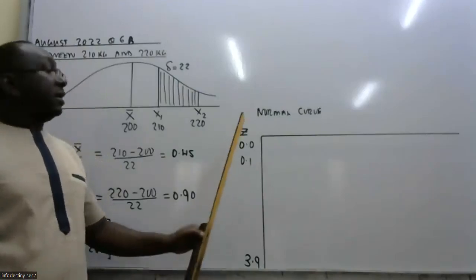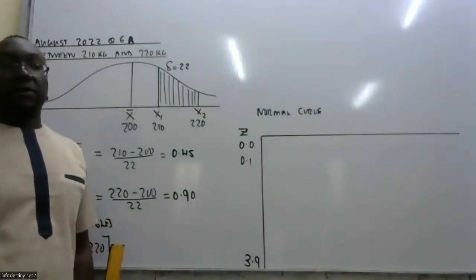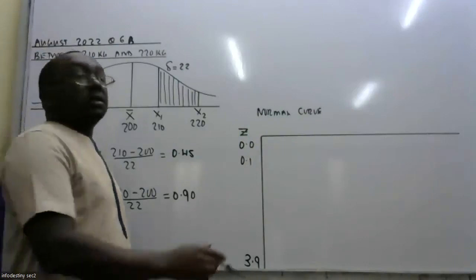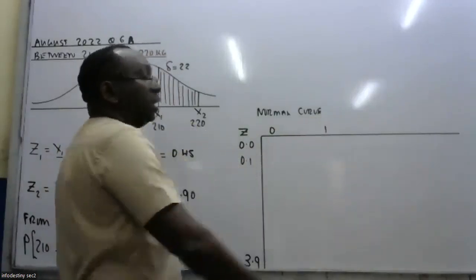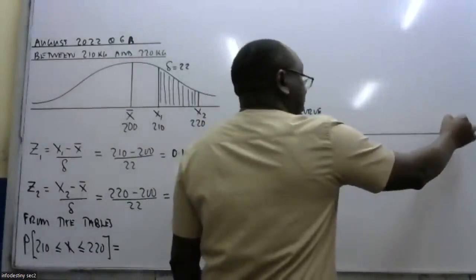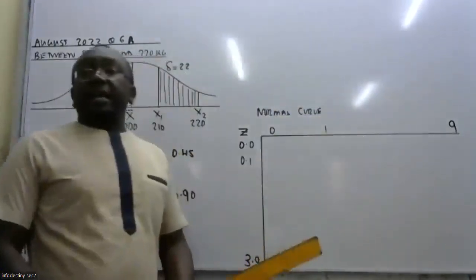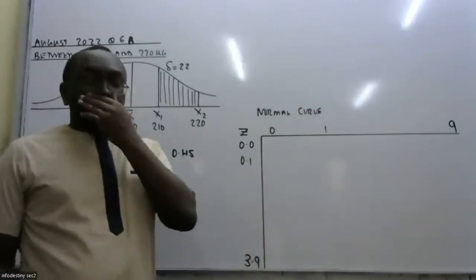On this side, for the columns, we have values. The first one is what? 0, followed by 1. They continue that way all to 9. Good. Then inside here, we have values that are how many decimals?